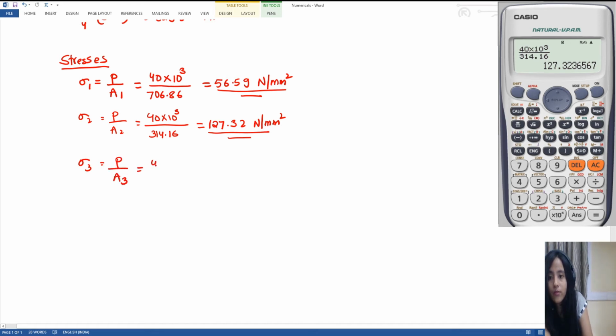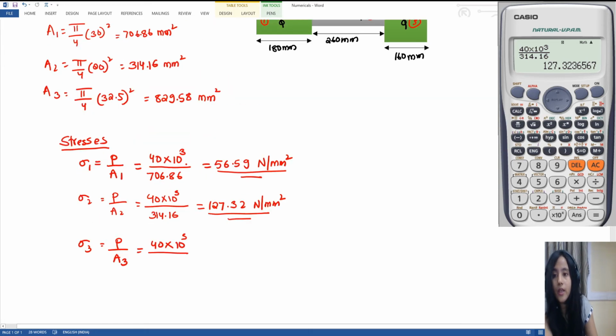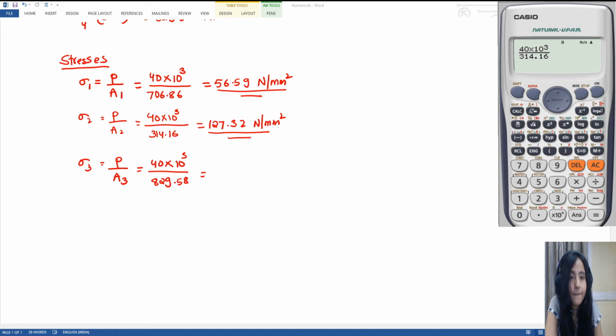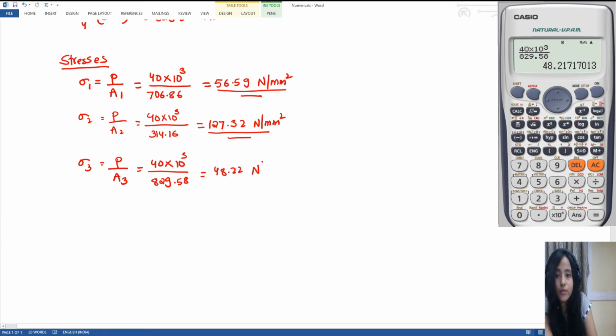Here the force is 40 into 10 raised to power 3 divided by area 829.58, which will give you 48.22 Newton per mm square.